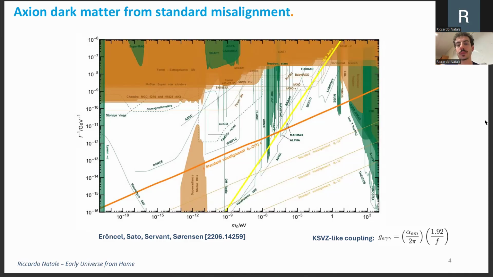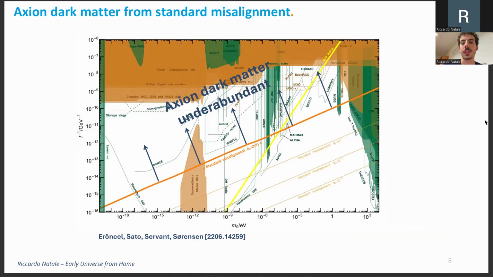And below this line it is actually overabundant. We have to tune the misalignment angle. However, above this line, the dark matter abundance that we can produce via standard misalignment is actually underabundant.